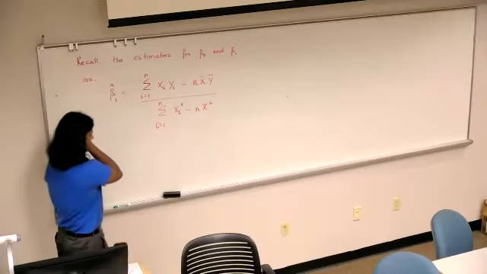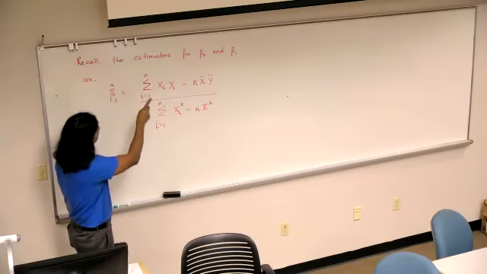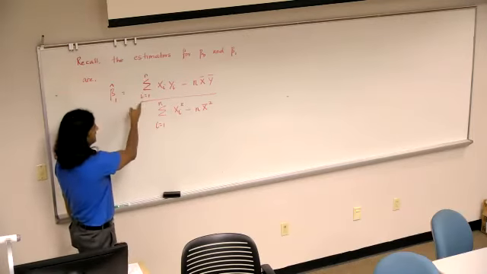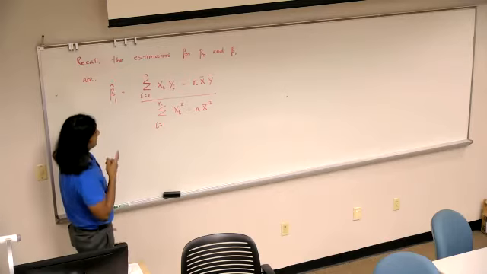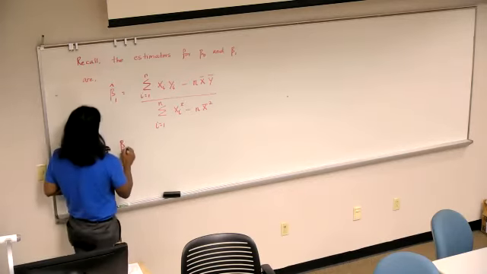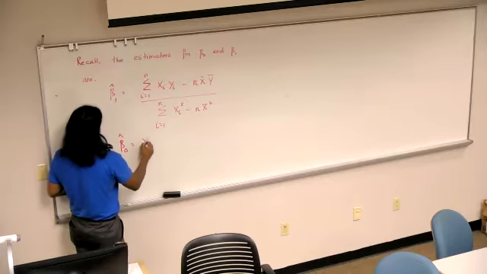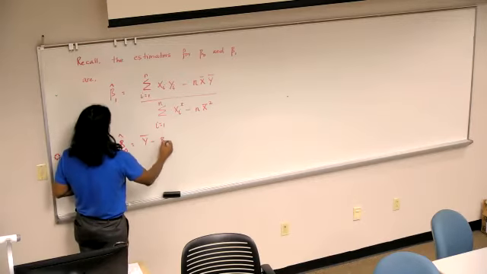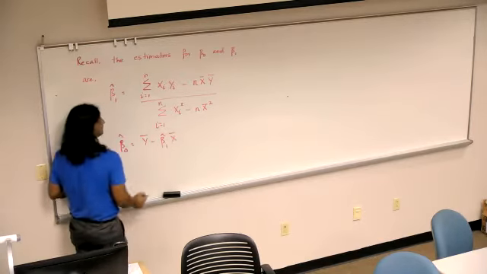So from last time, the estimator for beta 1, beta 1 hat, and the estimator for beta naught is beta naught hat, y bar minus beta 1 hat times x bar.